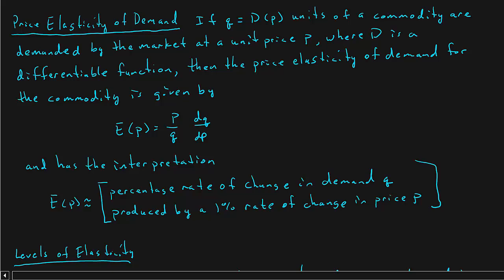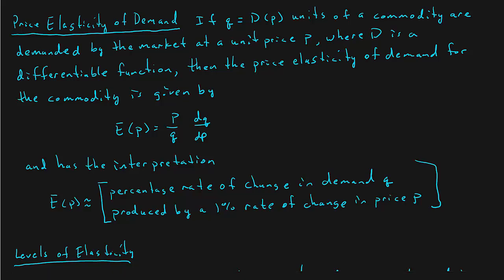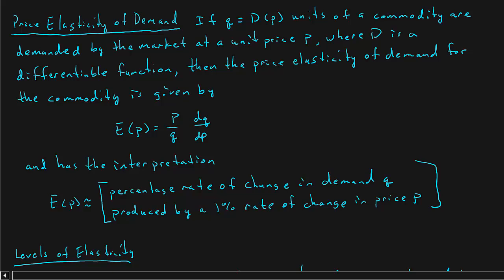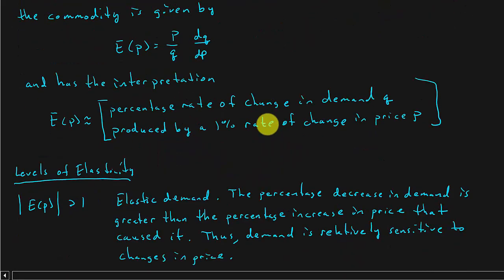If Q is equal to D of P units of a commodity demanded by the market at a unit price P, where D is a differentiable function, then the price elasticity of demand for the commodity is given by E of P is equal to P over Q times the derivative of Q with respect to P, and has the interpretation percentage rate of change in demand Q produced by a 1% rate of change in price P. I'll explain that more while we're working the examples. You'll understand this better while we're working the examples.